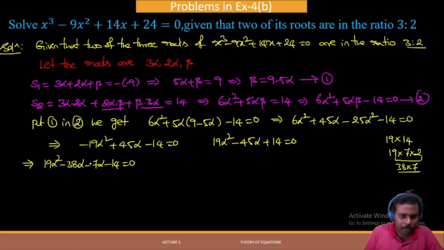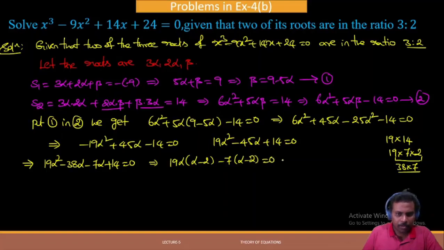I think this must be, yeah, plus only. This must be plus. So this implies 19 alpha if I take common, this becomes alpha minus 2, plus 7 if I take common, it is alpha minus 2 is equal to 0. This implies alpha minus 2 into 19 alpha minus 7 is equal to 0.